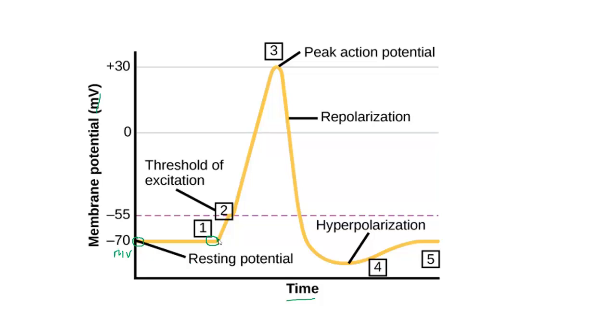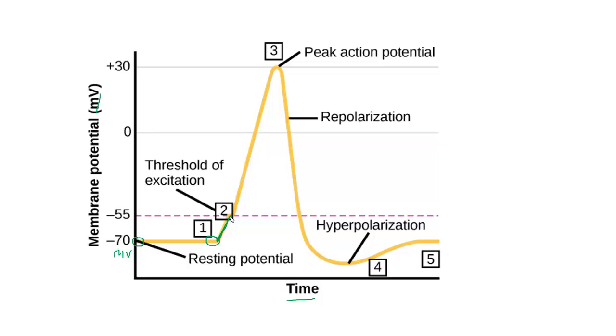As the sodium gushes in, the charge increases from negative 70 to negative 55. From negative 70 to negative 55 is where graded potential is taking place.